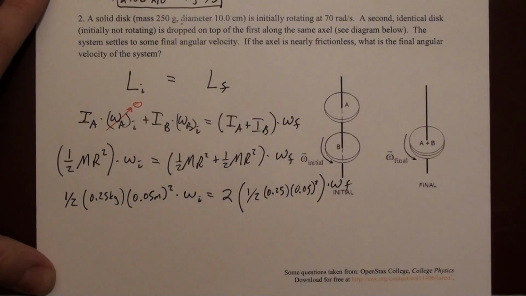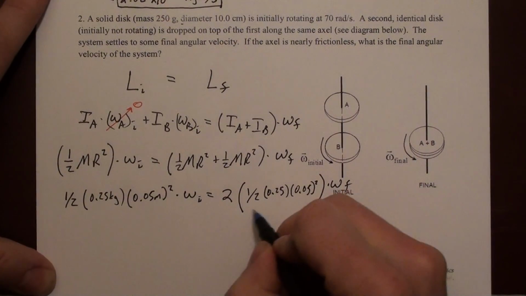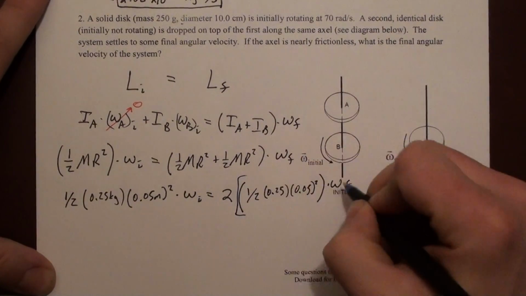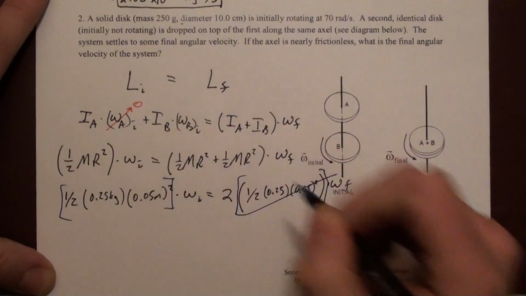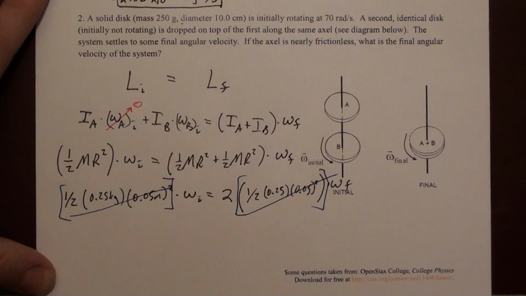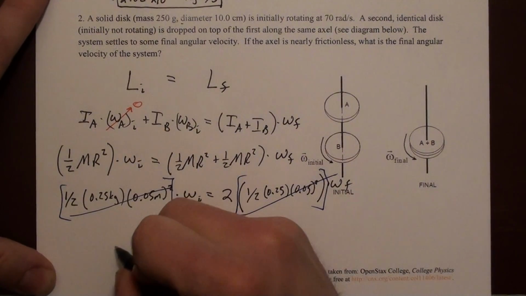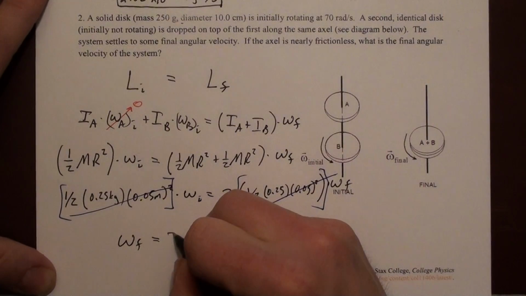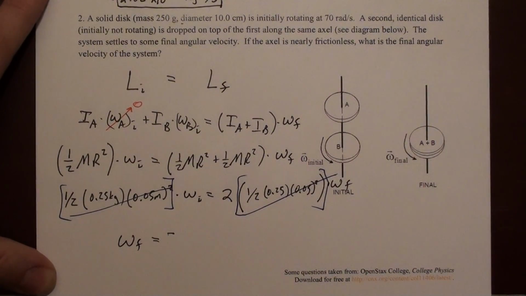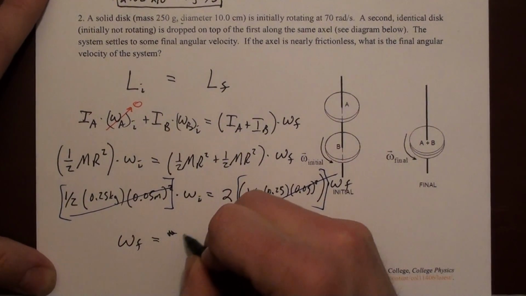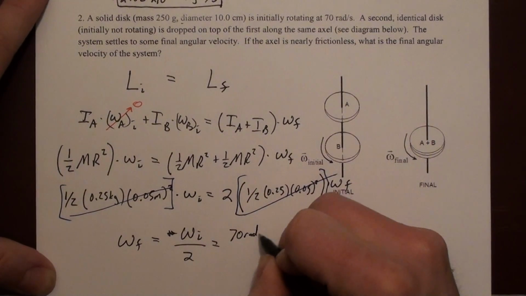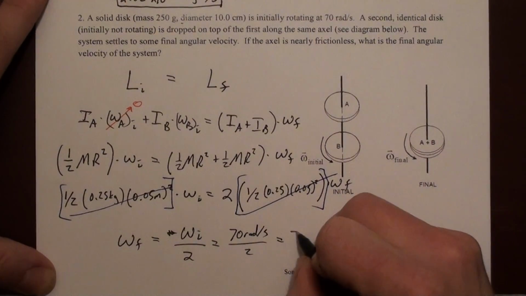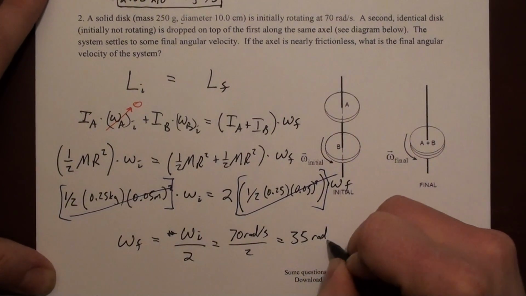Alright, but I can divide this entire term and this entire term, so I'm dividing those on either side, and what I simplify this to in this case is omega final is 1/2 omega initial over 2, which is 70 radians per second over 2, or 35 radians per second.